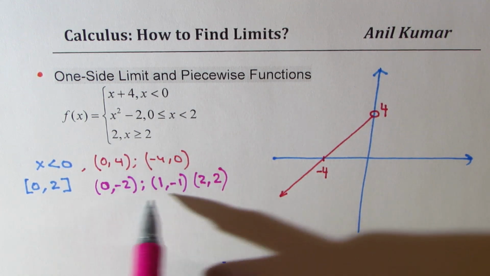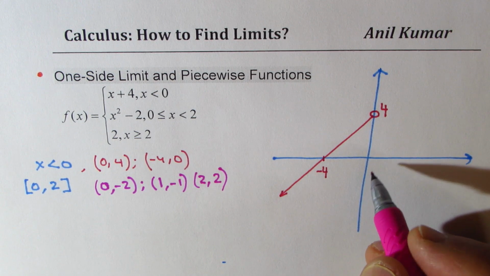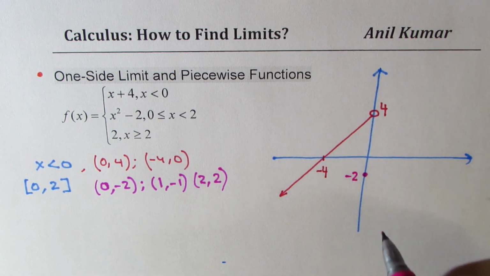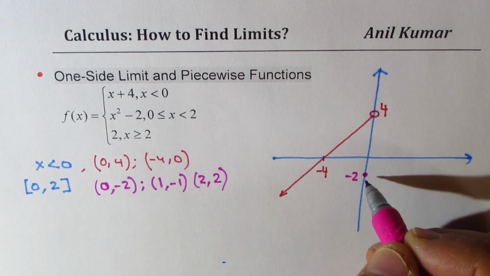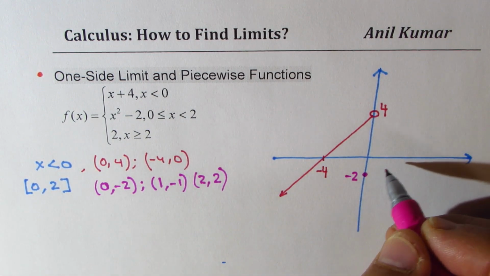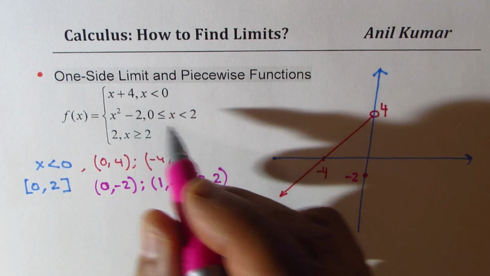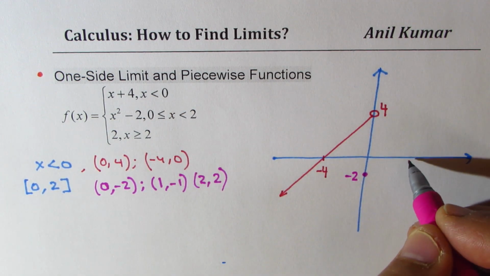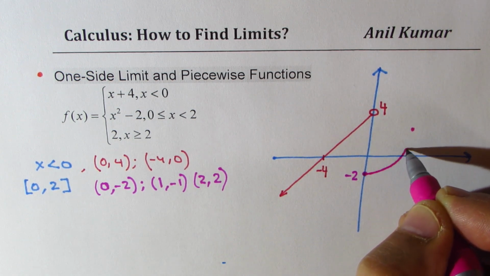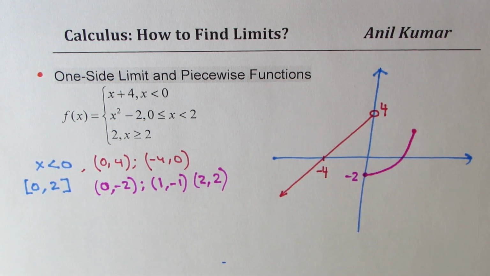So keeping these points, we could start with minus 2 here, and that's the bare minimum, and the graph actually moves to, at 2 we have 2, right? So let's say this is 2 for us, and the value 2. So we'll just move like this and join these 2 points, like a parabola.